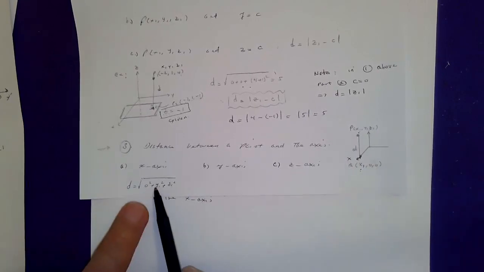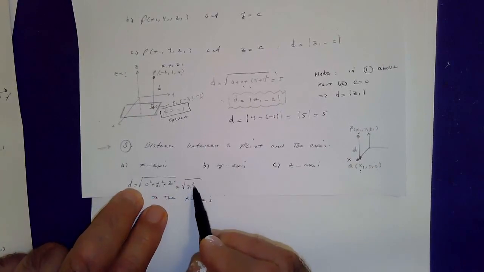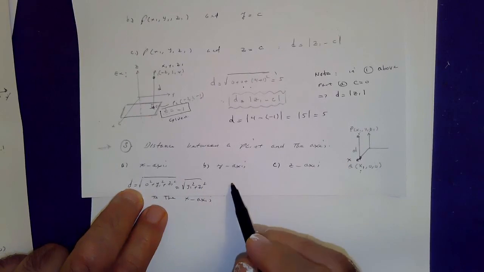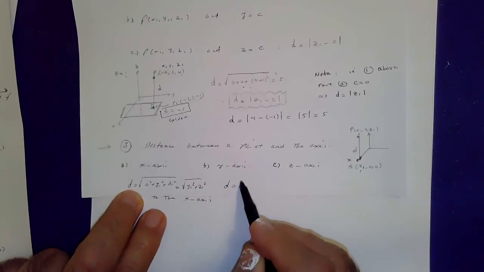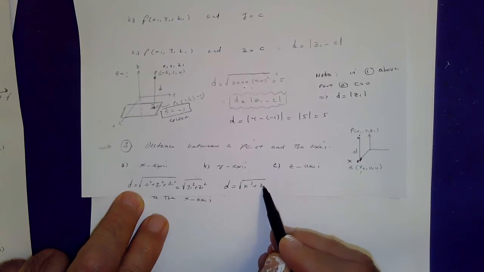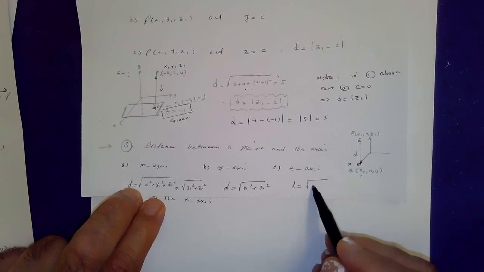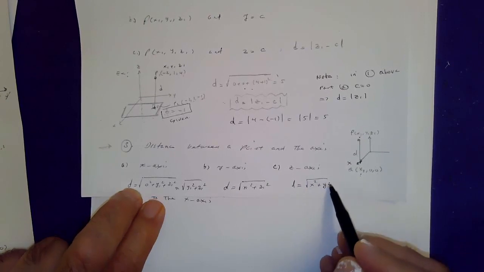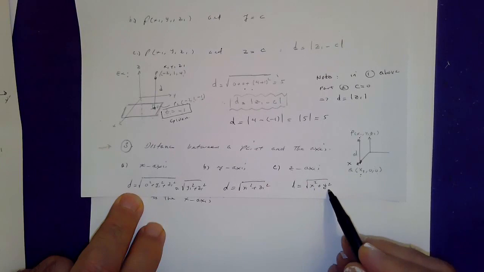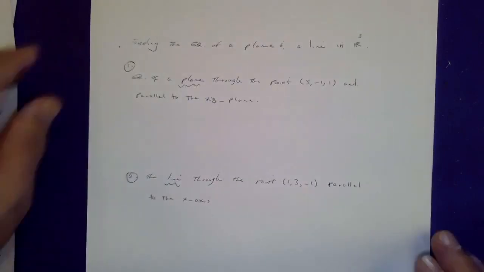So it turns out the answer is the square root of y1 squared plus z1 squared. For y, it would be the square root of x1 squared plus z1 squared. For z, it will be the square root of x1 squared plus y1 squared. Do you all see it? So that's basically how you find the distances.